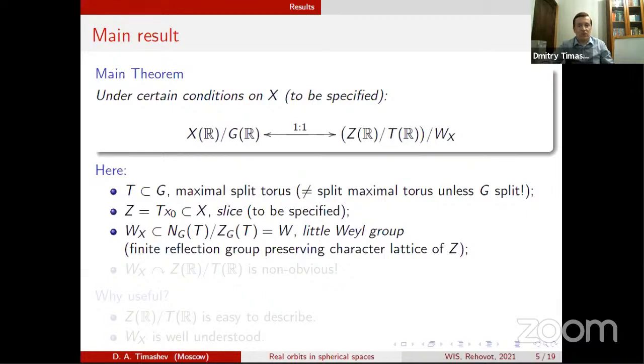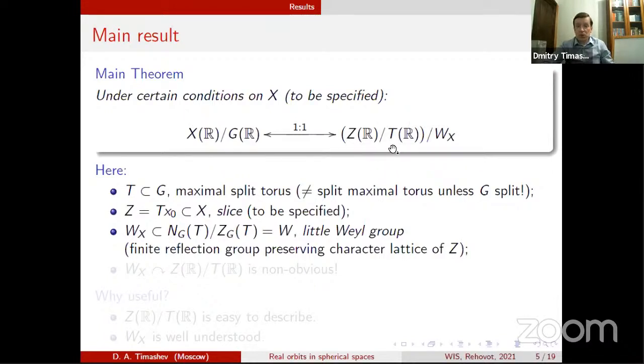And this character lattice is preserved under this subgroup, the little Weyl group. And of course, since W_X preserves the character lattice of Z, it acts on Z, and this action normalizes its natural action on T. So there is a natural action of W_X on Z(R), T(R), and on the quotient set.